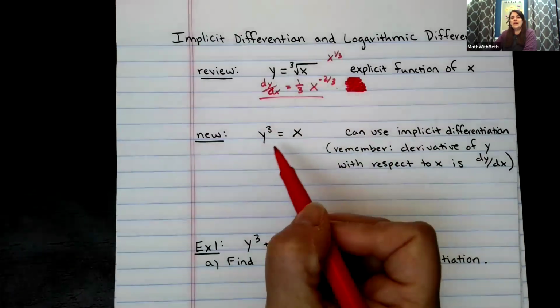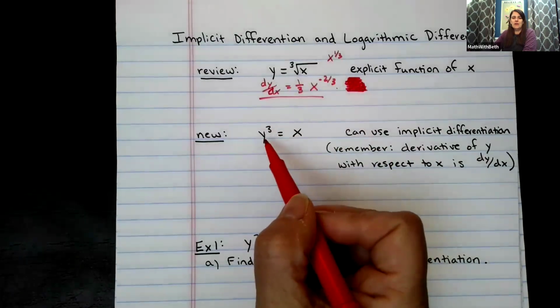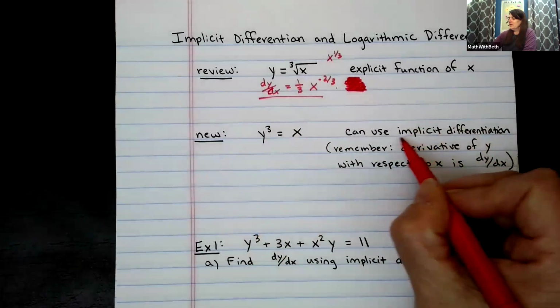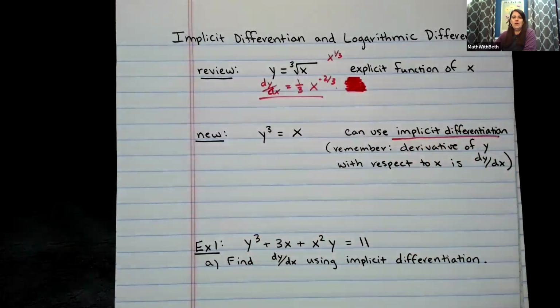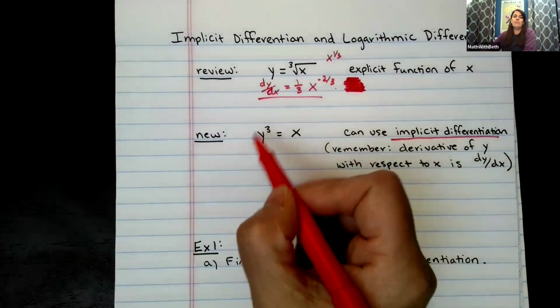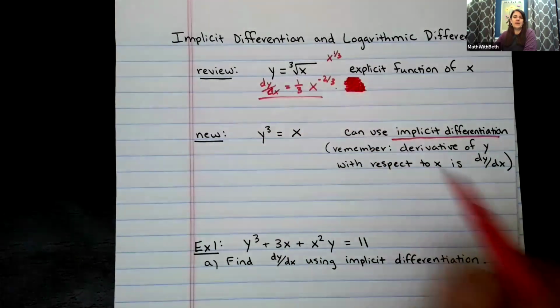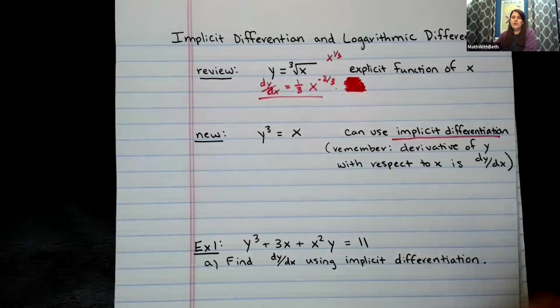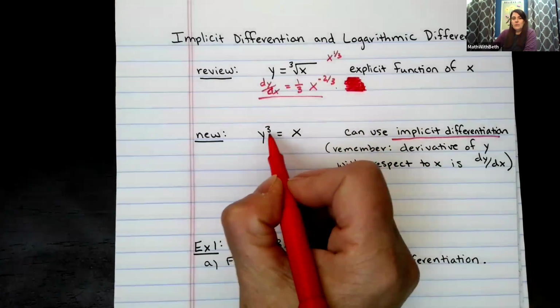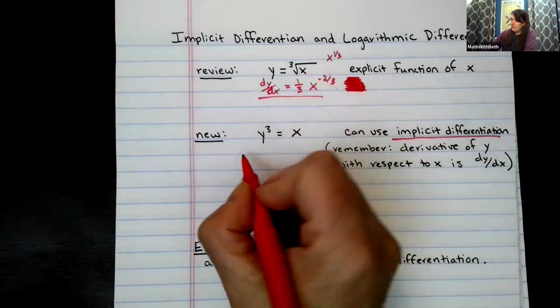But now this is a case where we don't have the y all by itself, so I can use implicit differentiation, which just means I'm going to take the derivative of both sides of the problem in terms of x. So when you do that, if you're doing it with a y, you first do whatever you would normally do.